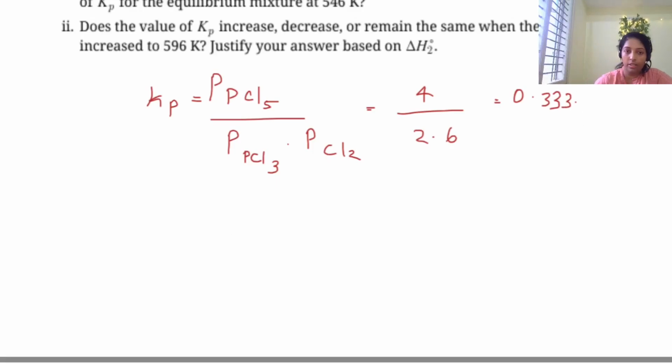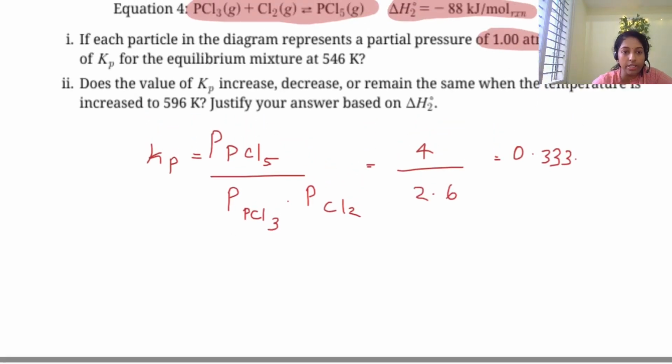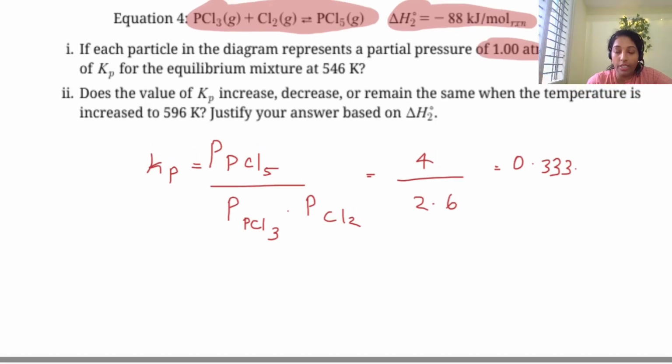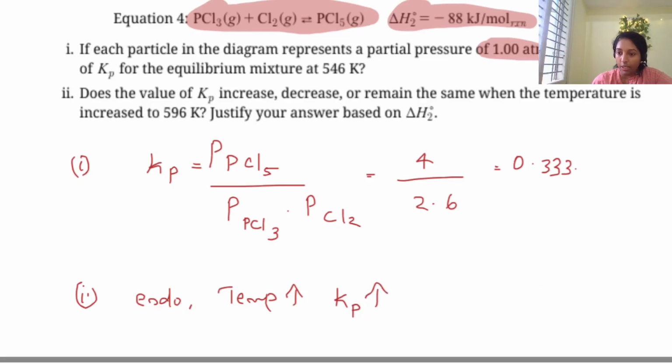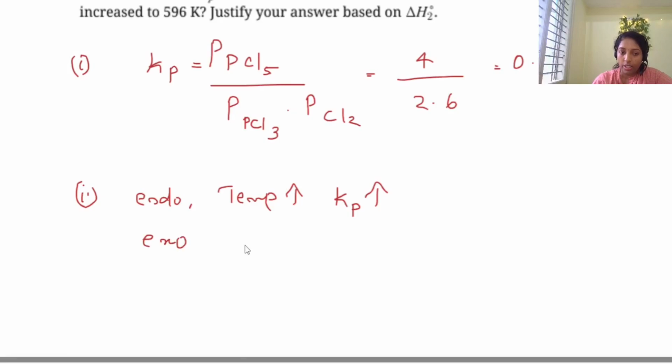Then the second part: does the Kp value increase, decrease, or remain the same when temperature is increased? When temperature is increased, definitely the equilibrium constant value also changes. For an endothermic reaction, if temperature increases, it's directly proportional, so the Kp value increases. For an exothermic reaction, if temperature increases, it's the opposite, an inverse relationship, so Kp decreases.